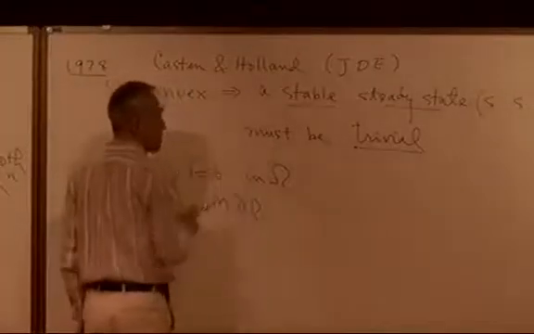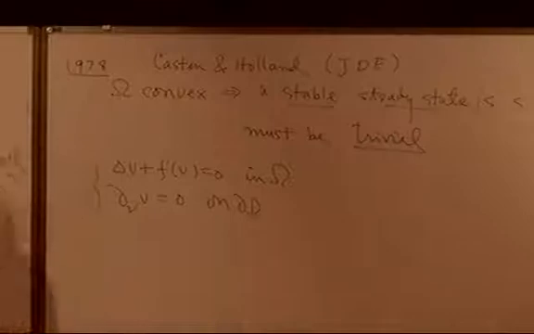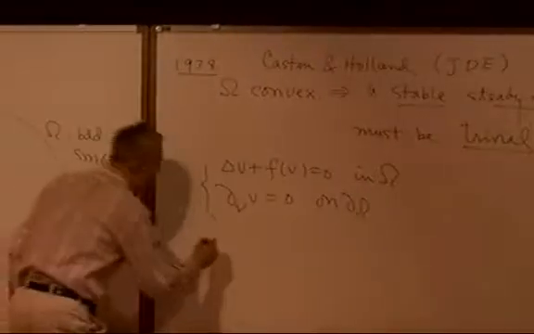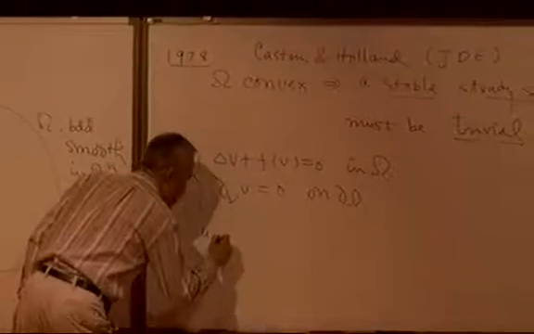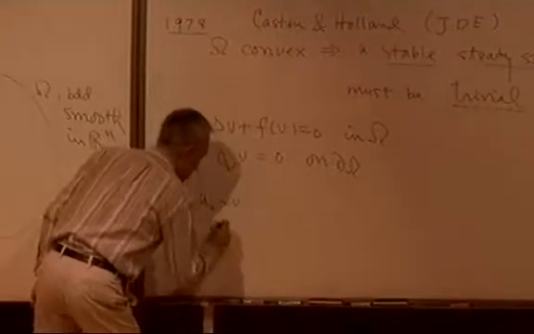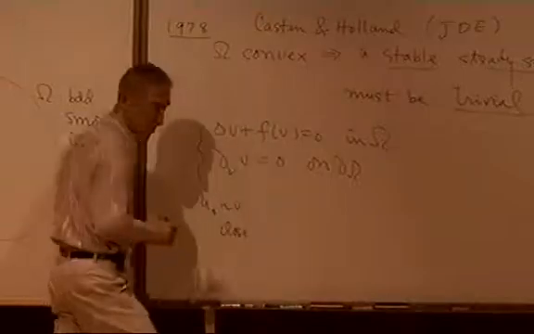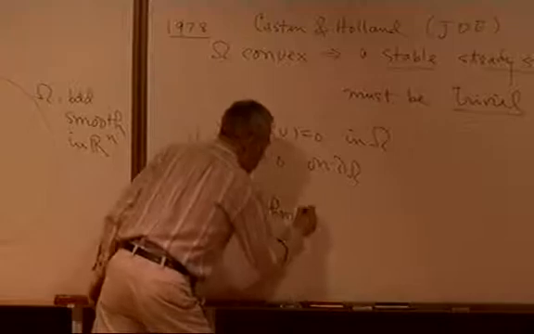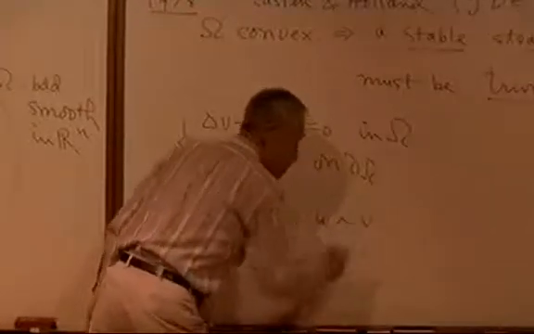A steady state V is stable means what? It simply means if u_0 is close to V, then the solution u is close to V for all time.